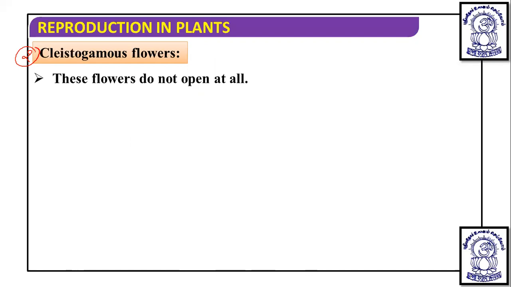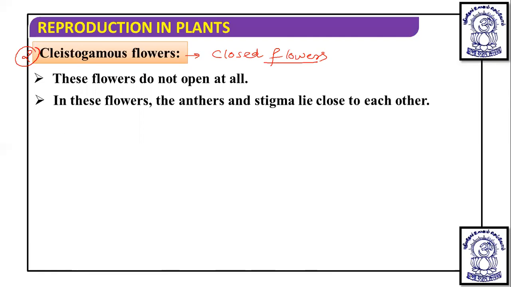And these flowers do not open at all. They are closed flowers. Simply we call them closed flowers. And in these flowers, the anther and stigma lie close to each other. Since it is a closed flower, they are not exposed.